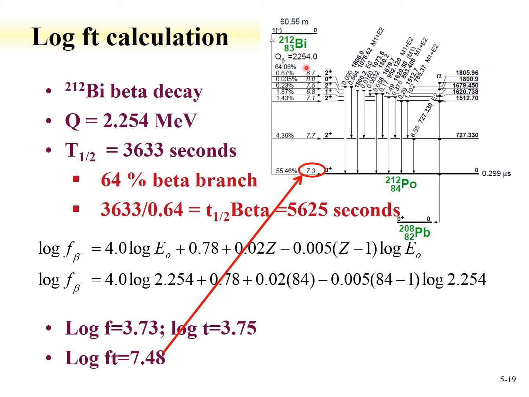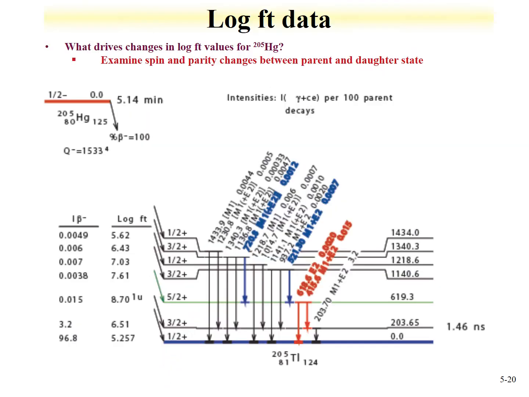So you see here, these values here are my log FT values for the individual transitions. So this bismuth 212 going from a 1 minus state to a 0 plus state has a log FT of 7.3 listed here. We calculated 7.5. That's a pretty good estimation. We will see that this is a first forbidden type transition based upon the value.